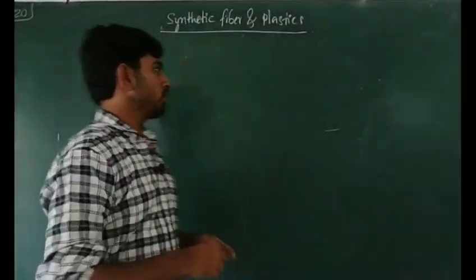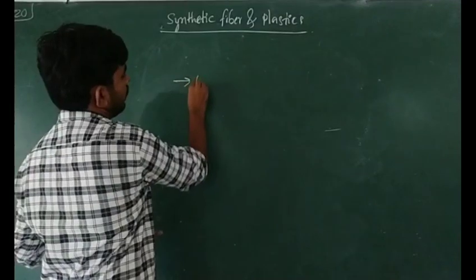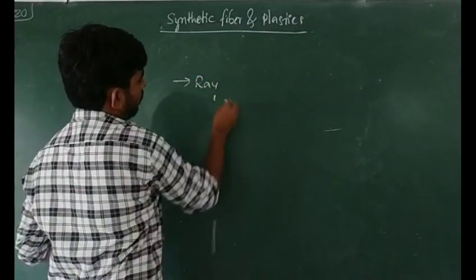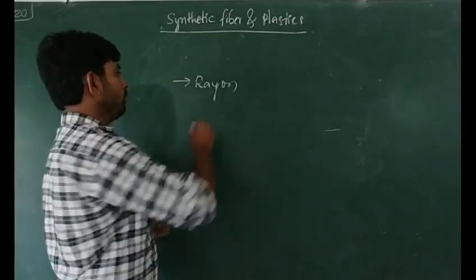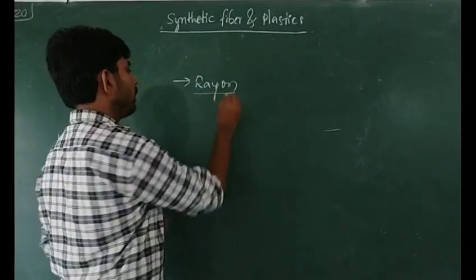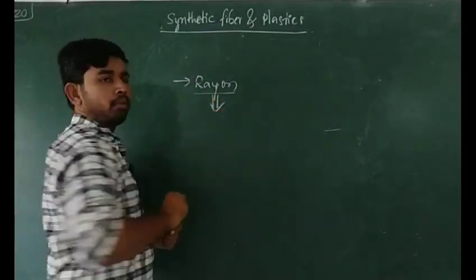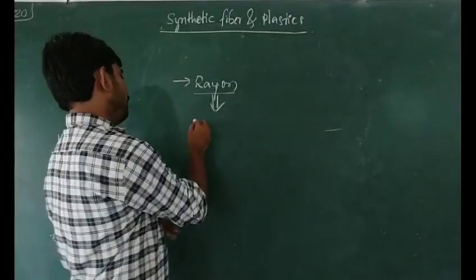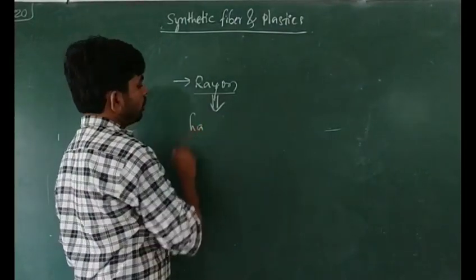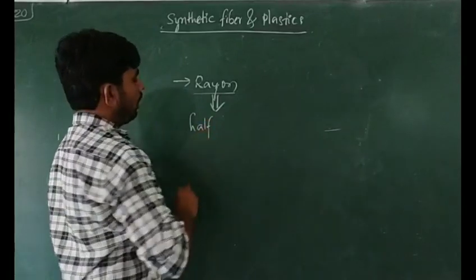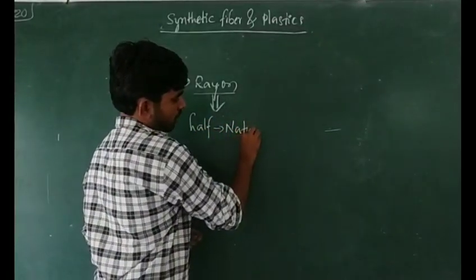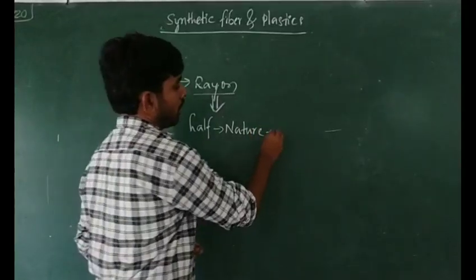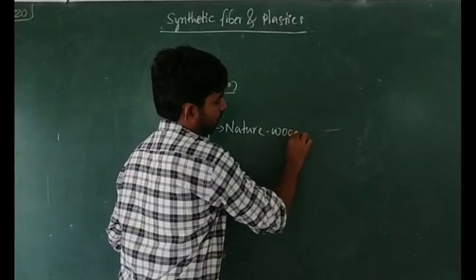Within that, the first one is rayon. Rayon is a type of synthetic fiber. So how is it prepared? Half of the raw material is taken from nature, that is, we are taking wood pulp.